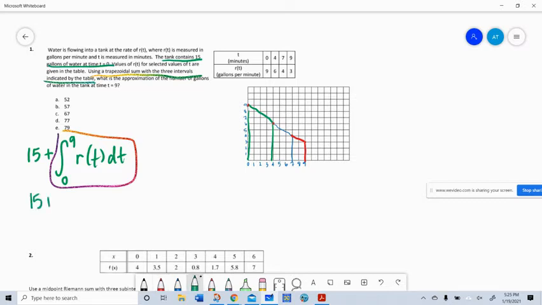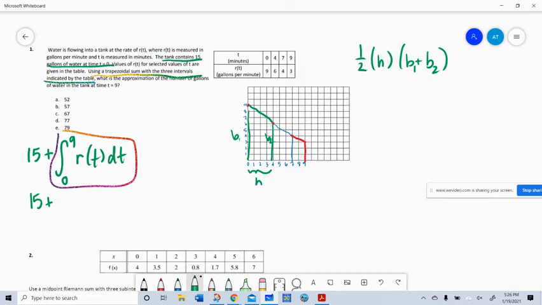So we're going to start with our 15, and then we're going to approximate that integral with our trapezoids. Our trapezoid formula is 1/2 times the height of the trapezoid, which remember is going to be this distance, times the sum of the bases, which will be these sides here.